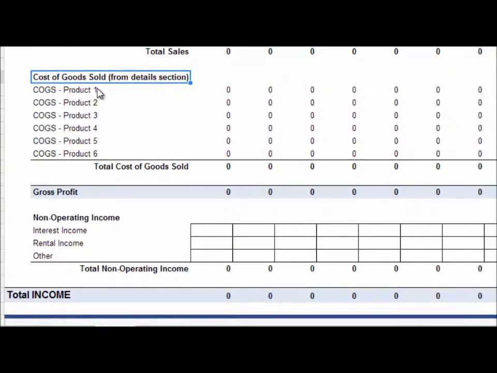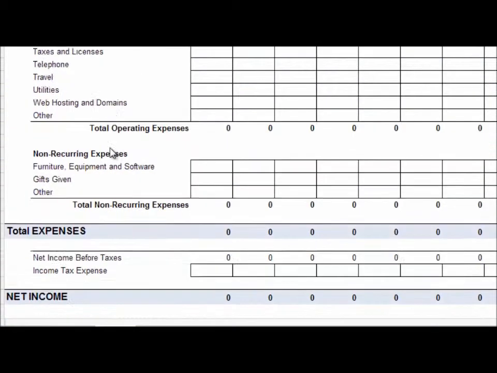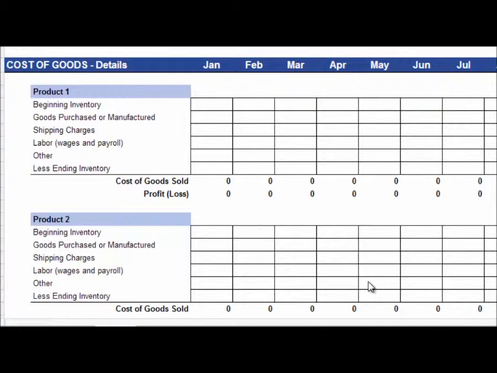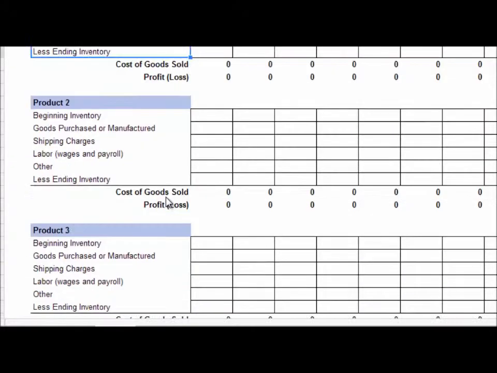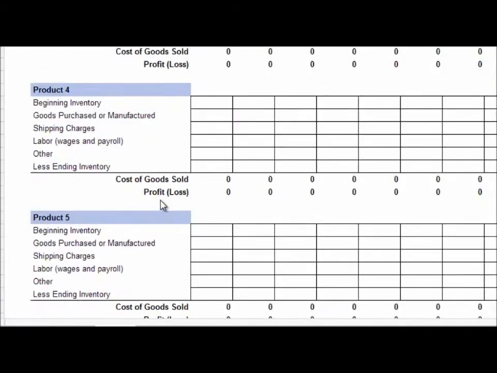The formula is given here. Beginning inventory, goods purchases or manufactured, shipping charges, labor, others, and then minus ending inventory. You can do it for product 2, product 3, and so on.